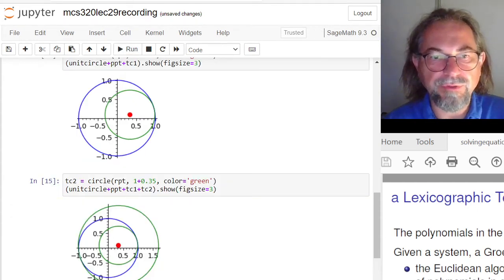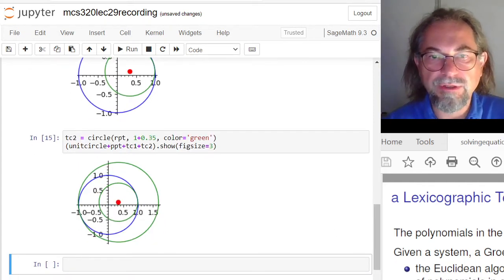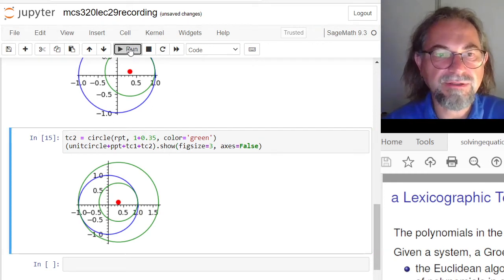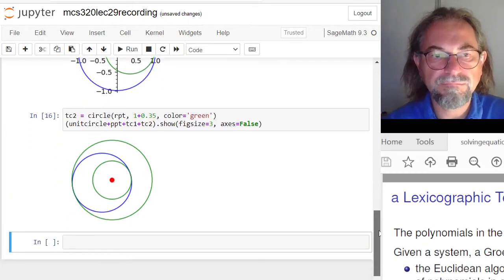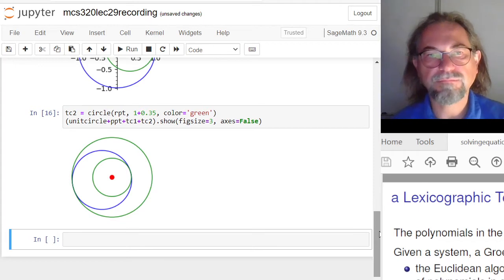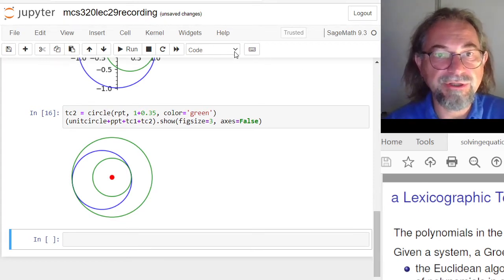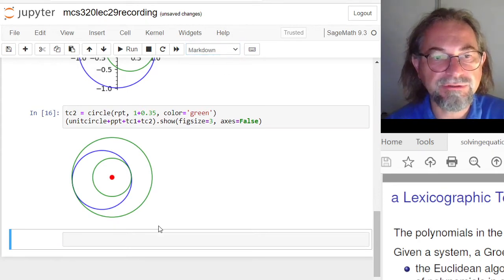So here is the plot, and perhaps to make it a little bit more geometric, I can turn the axis off. So this is a plot, a geometrical construction.